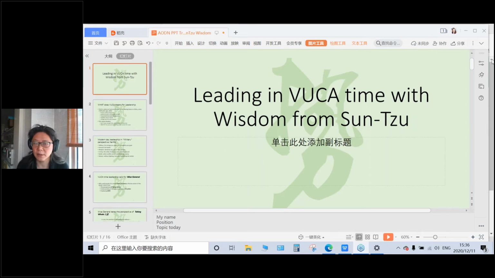So on the top side, if it's in a full screen, you will find a small icon that has a presentation. You have to double click on that. Then that will expand into the center of the screen. Sorry, I just clicked it.